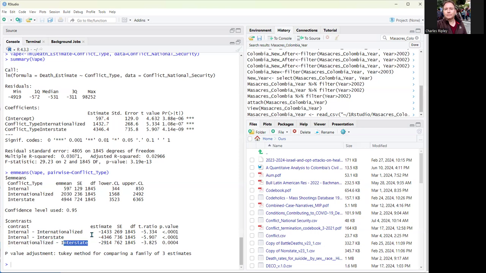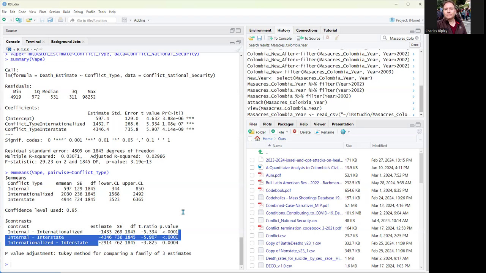That means interstate, two states like Ukraine and Russia and other states, have significantly more deaths. So you have to understand that. If you want to get into the Ukraine-Russia war, you need to understand that that's going to produce a whole lot more deaths on average than these other types of conflict.